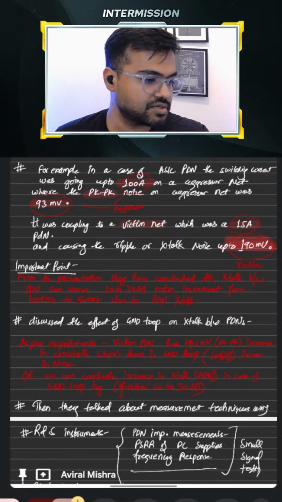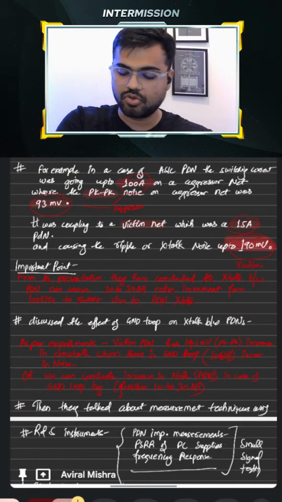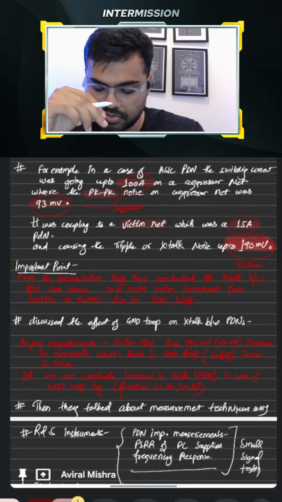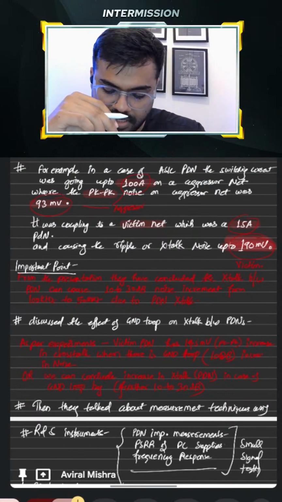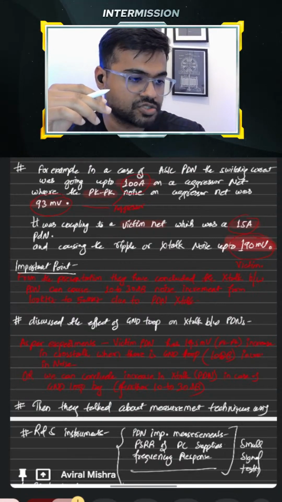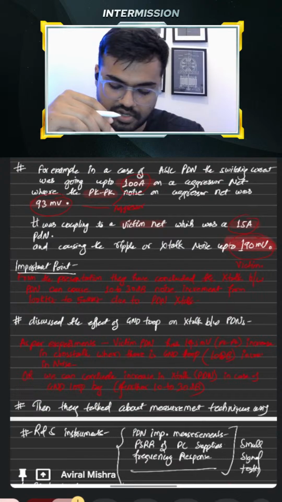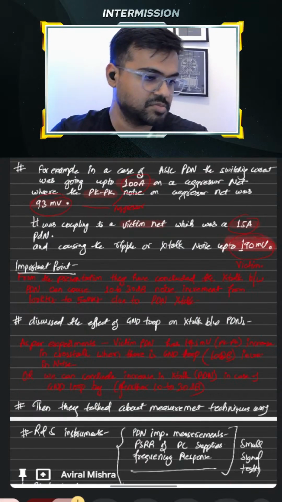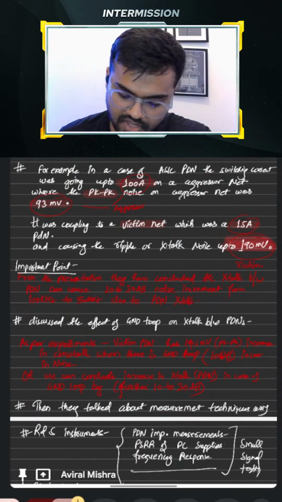So it can go up to 10 to 30 dB more if there is crosstalk happening between the PDNs, right? So ripples can go to this much more intensity.